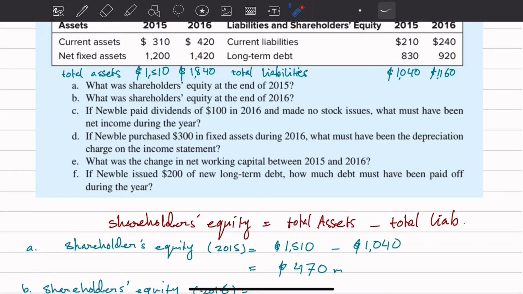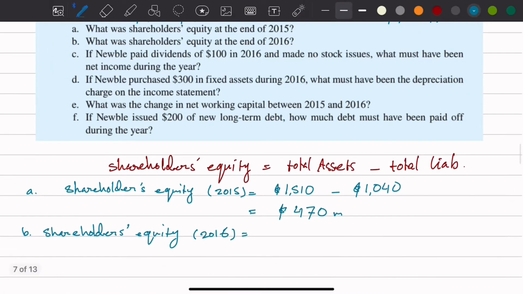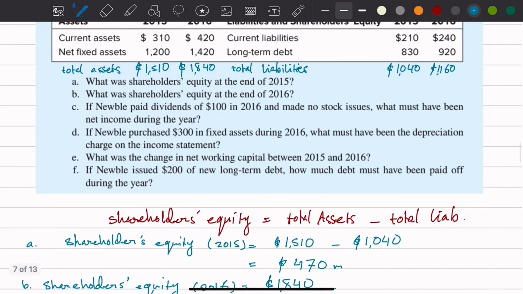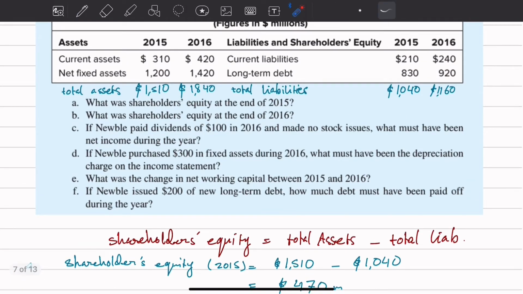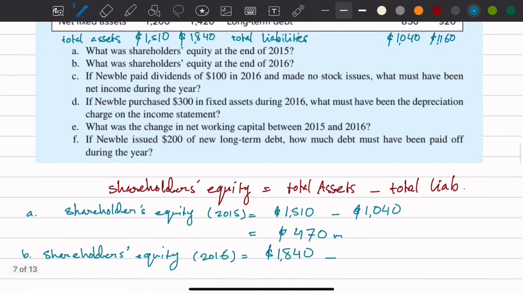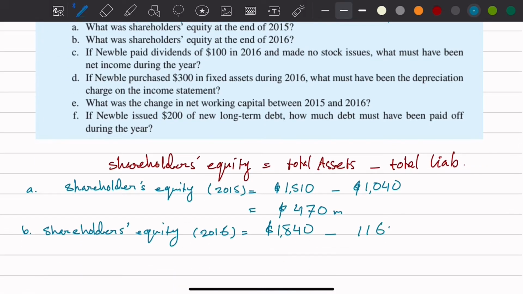So the total assets, 1,840 minus the total liabilities, 1,160. 1,840 minus 1,160. That's going to be 680 million. So that is the answer to part A and B.